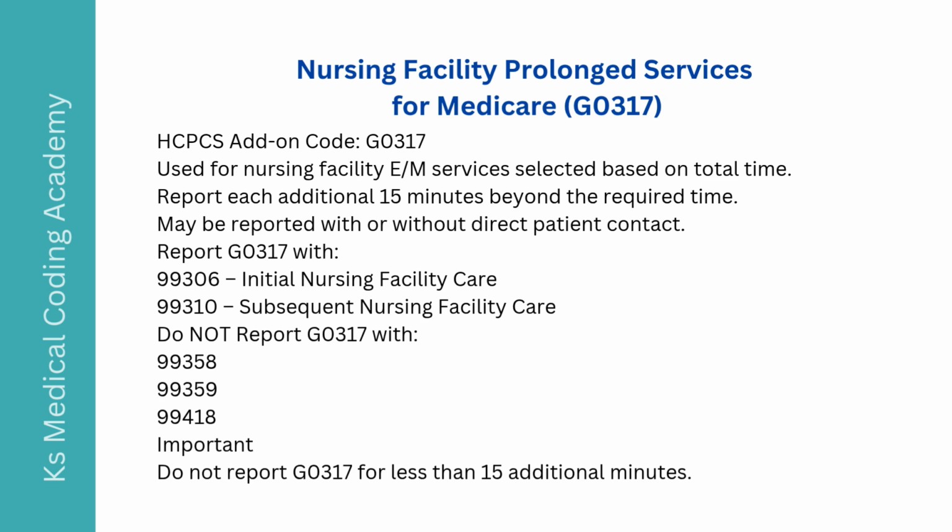This add-on code is reported with 99306 for initial nursing facility care and 99310 for subsequent nursing facility care when the prolonged time requirements are met. G0317 should not be reported on the same date as prolonged service codes 99358, 99359, or 99418. Always ensure the total time is documented clearly before assigning this add-on code.